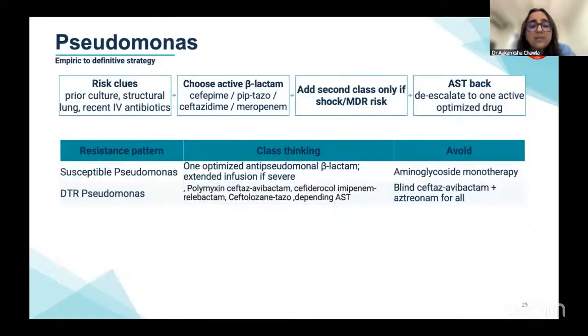Then for Pseudomonas, which is a susceptible Pseudomonas, one optimized anti-pseudomonal beta-lactam is enough. Extended infusion if your patient has severe infection. For difficult to treat Pseudomonas, ceftazidime avibactam and polymyxin remain the drugs of choice. There is also ceftolozane tazobactam, imipenem relebactam, but it all depends upon the antibiotic susceptibility testing.